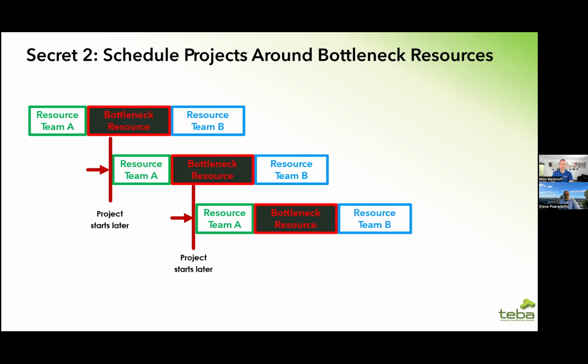And your job is to then schedule everybody else around them. For anyone that's read The Goal, the book The Goal, and The Phoenix Project, of course, is based on The Goal, there's a 5-step process, but you want to make sure that you, what they call, subordinate to the bottleneck, which simply means you plan everything around the bottleneck resource.